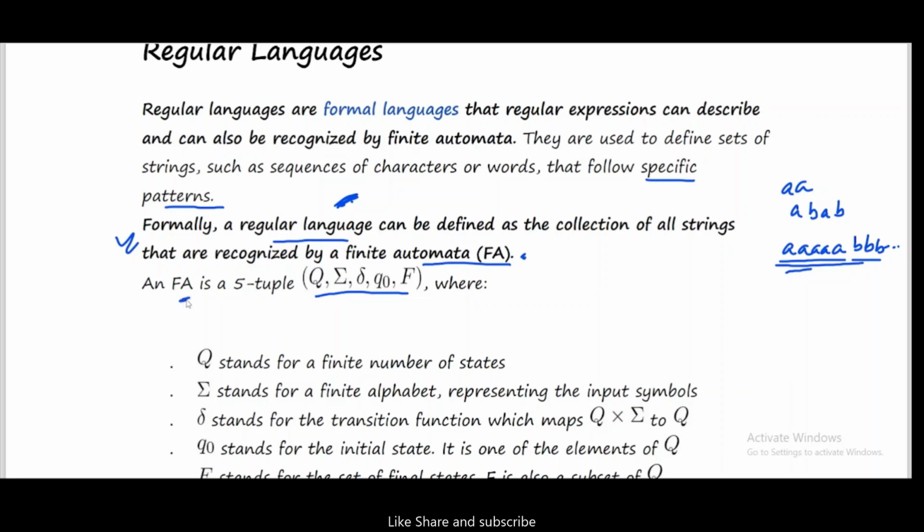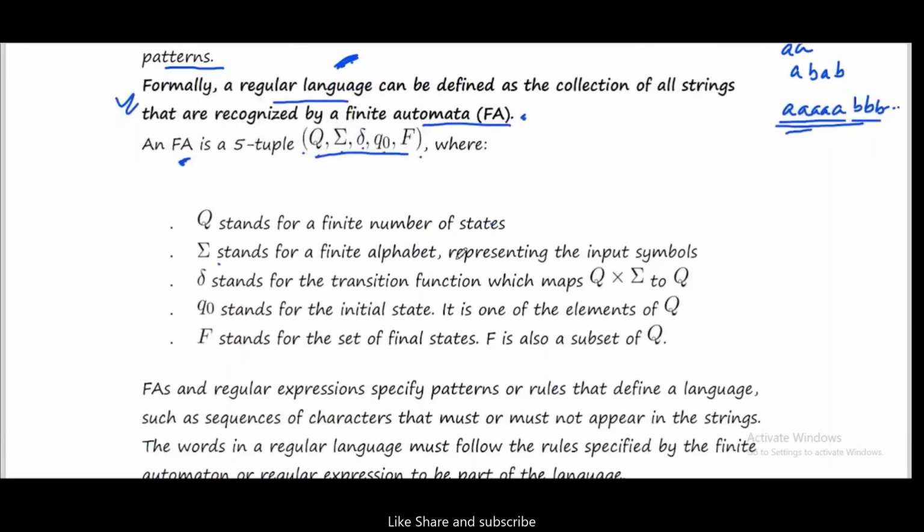An FA, this is finite automata, is a five tuple Q, sigma, delta, Q naught, and F, where Q stands for a finite number of states, sigma stands for a finite alphabet representing the input symbols, and delta stands for the transition function.